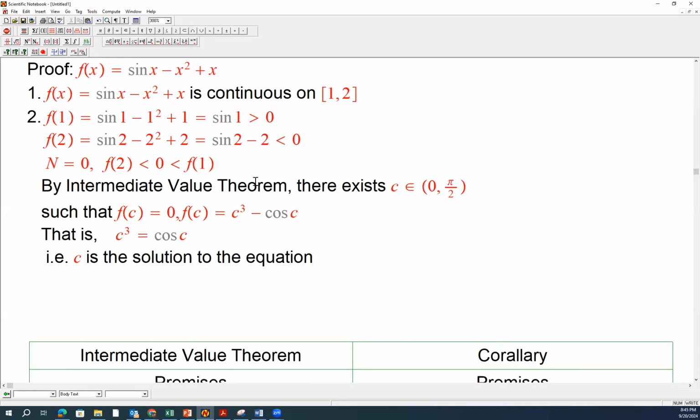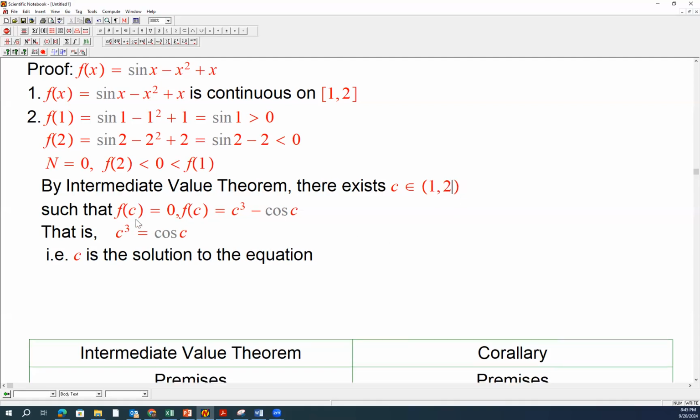By the intermediate value theorem, there exists c between 1 and 2 such that f of c equals 0. And now my f is this piece, a different function. So this is going to be c, c, c.